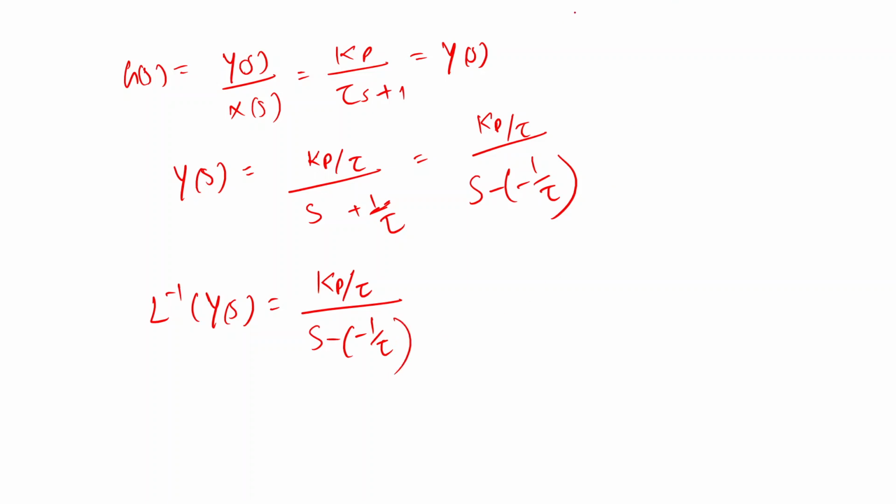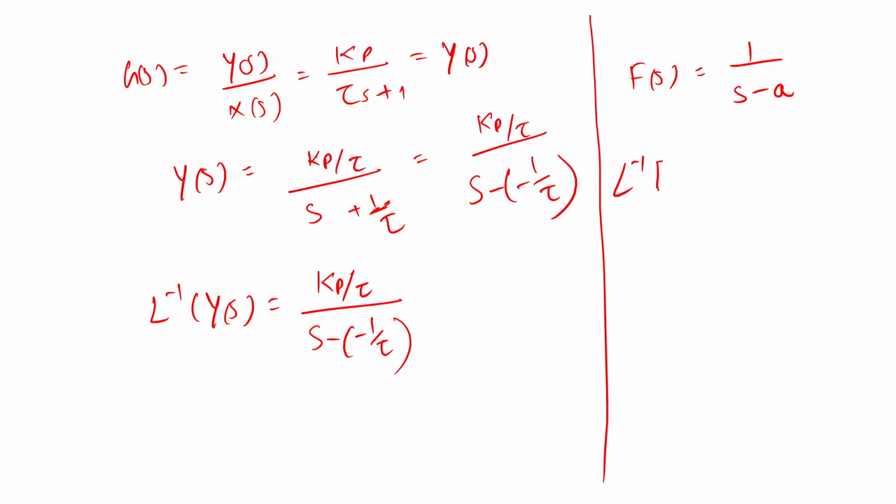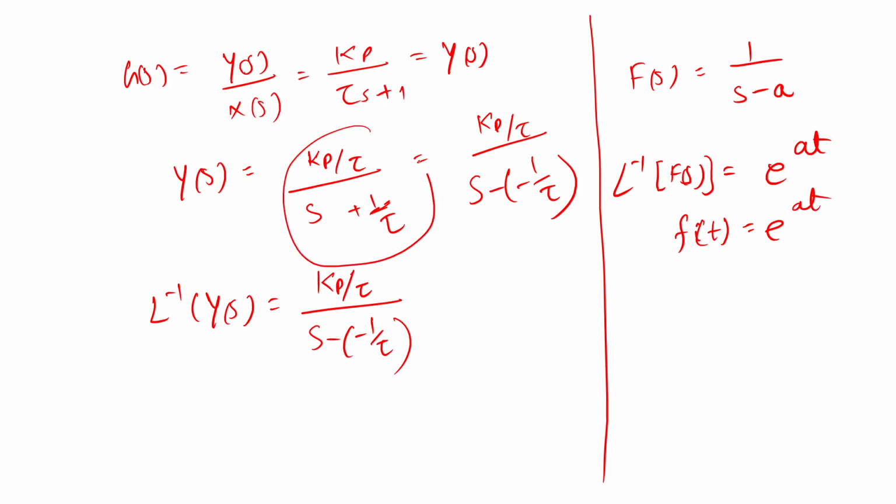We know that if the function in terms of s is given as 1 upon s minus a, then L inverse of F of s is e raised to at, that is, f of t is equal to e raised to at. That is why we changed this equation into the form 1 upon s minus a, so that we can straight away use and replace these values.